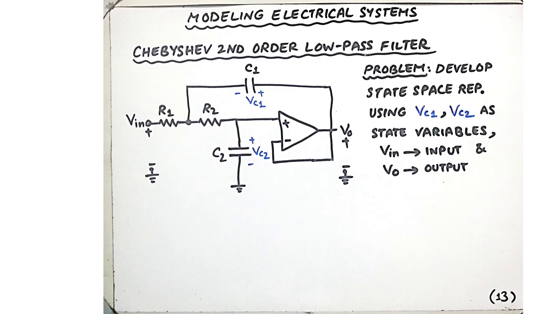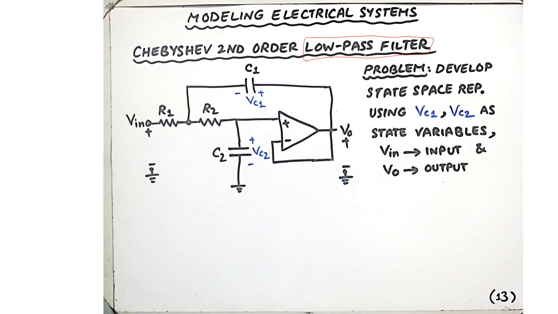Now let's consider an interesting circuit known as the Chebyshev second order low pass filter. The low pass filter eliminates the high frequency signal components from the input signal. That's where the filtration becomes very helpful, and is also used to eliminate high frequency noise from the signal.